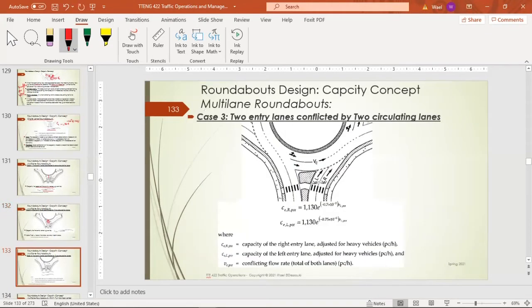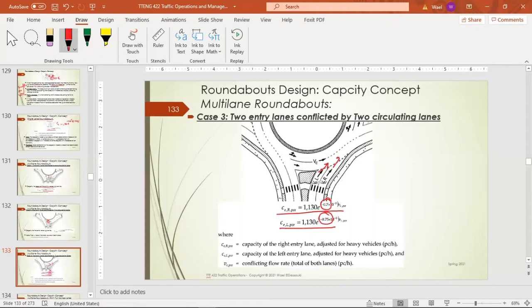In case of two conflicting with two, the situation becomes different. Basically, the right lane gets this capacity and the left lane gets this capacity. As you can see, the right lane gets minus 0.7, here minus 0.75.